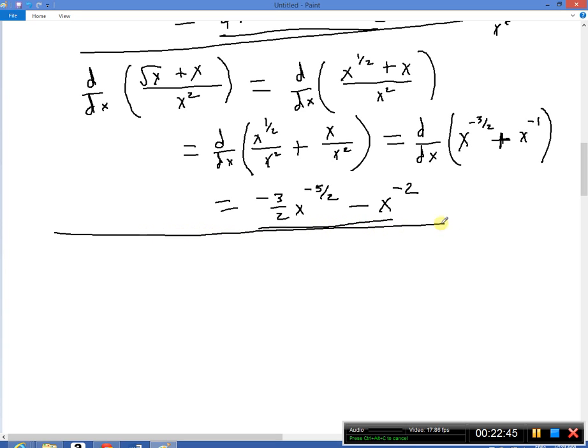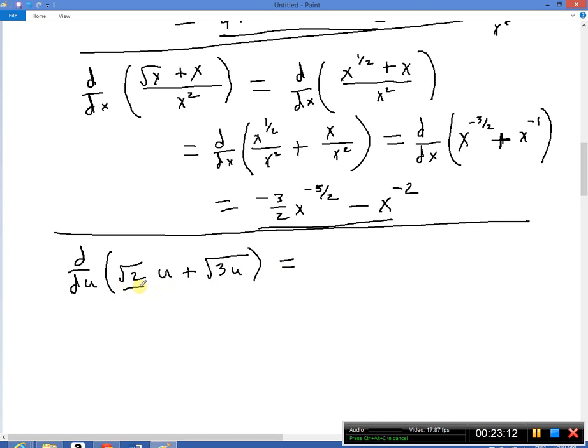All right, how about one that uses a different variable? What's the derivative with respect to u of the square root of 2 times u plus the square root of 3u? Well, what's the square root of 2?